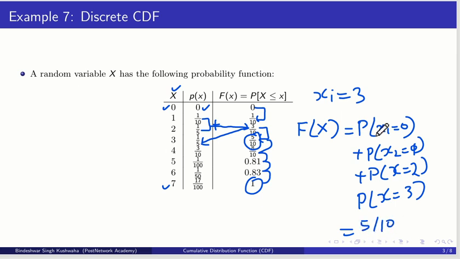So all the probabilities we have added: 0 plus 1 upon 10 plus 1 upon 5 plus 1 upon 5, and after adding we get this result. This way we add all the probabilities.